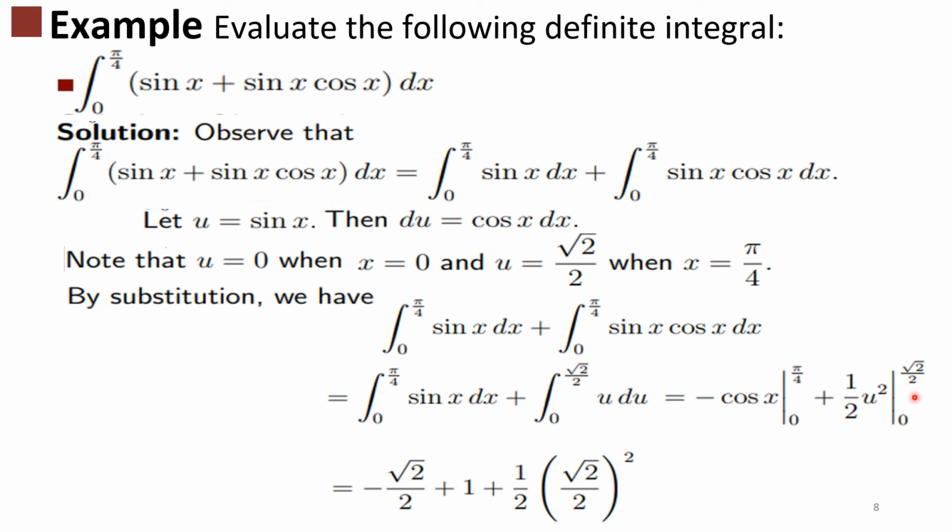From here, we have minus 0, because when you replace u squared with 0 squared, 1/2 times 0 squared is still equal to 0. If you simplify this, you come up with the following value: 5 minus 2 square root of 2 all over 4. You can verify this by solving for these values.